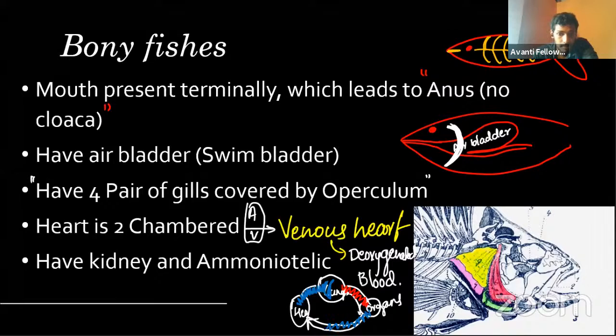It again comes back to the heart. So what is happening here? There are no separate two circuits, only one way, a single flow system. That's why the heart is always filled with deoxygenated blood only, and we call it the venous heart. Venous heart is found in all kinds of fishes, cartilaginous fish and bony fish also.